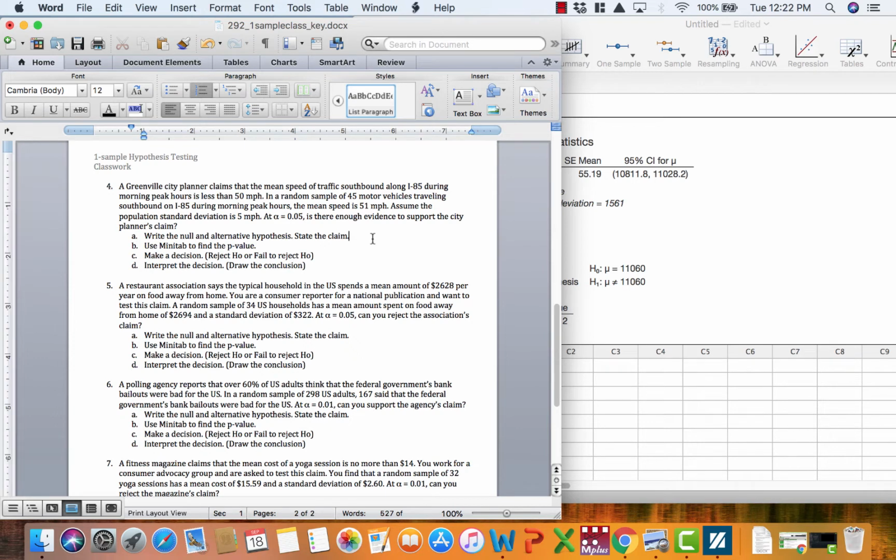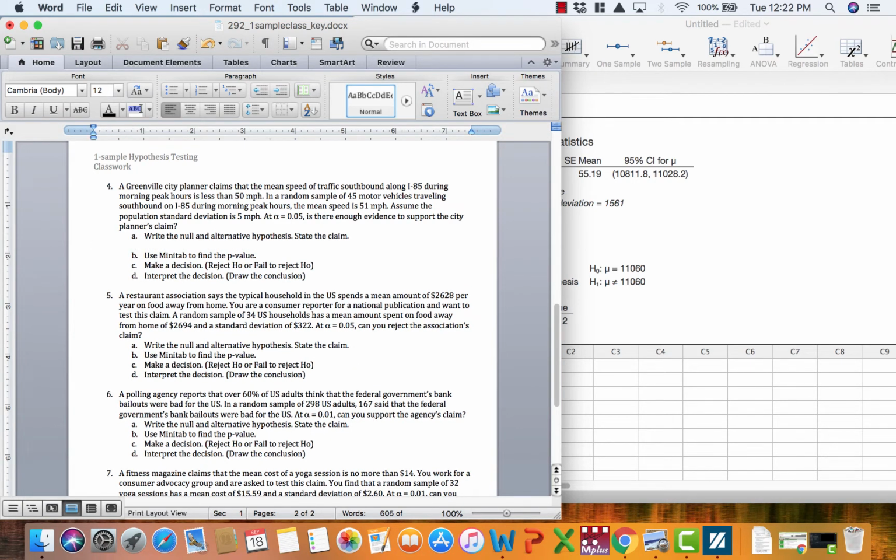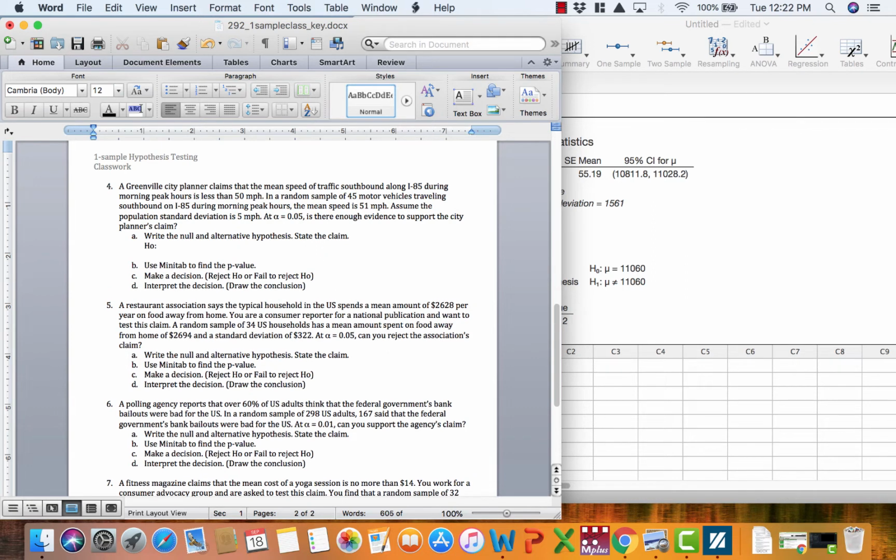All right, so we finally get into a one sample problem. Let's see here. We got our null and alternative set up here. So what do we read in this problem? We read that the mean speed, so mu, is less than 50.